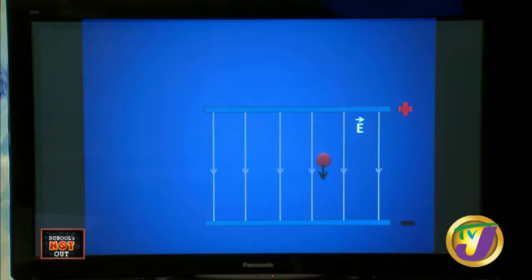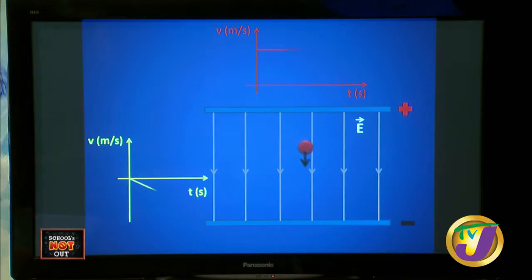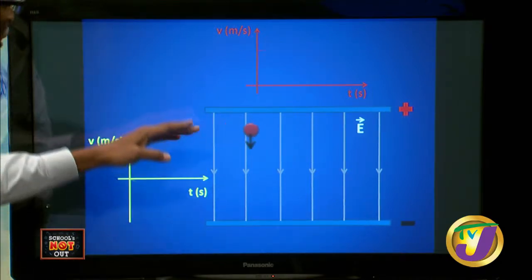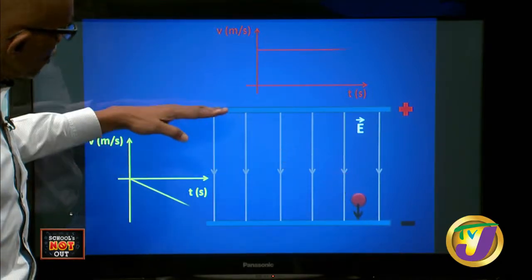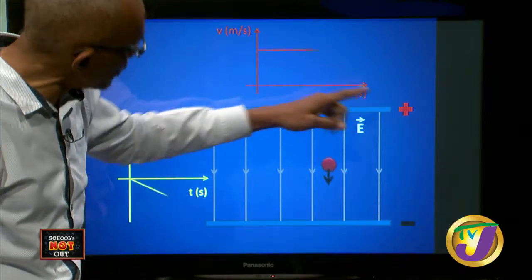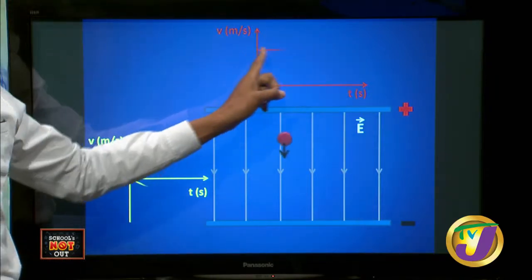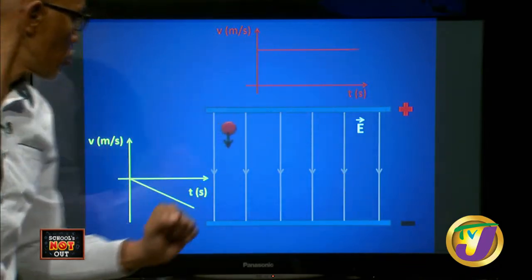Here the particle is moving across horizontally, just in the same way. That would be your constant motion.